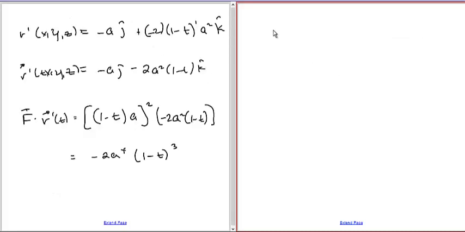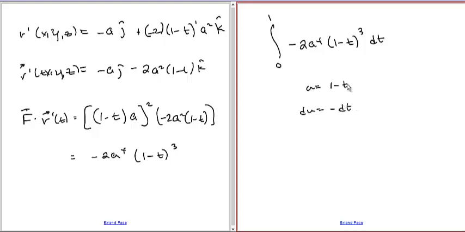Okay, so we're going to integrate from t equals 0 to 1 of negative 2 a to the fourth times 1 minus t cubed dt. And if we let u equal 1 minus t, du equals negative dt.